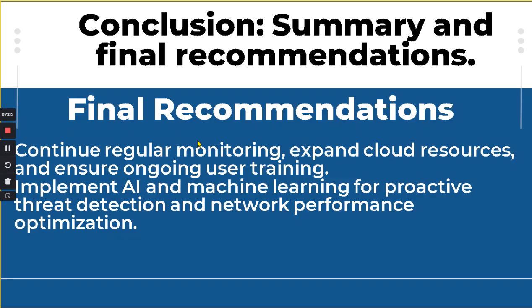At this part, we have the final recommendations: continue regular monitoring, expand cloud resources, and ensure growing user training. Implement AI and machine learning for proactive threat detection and network performance optimization.